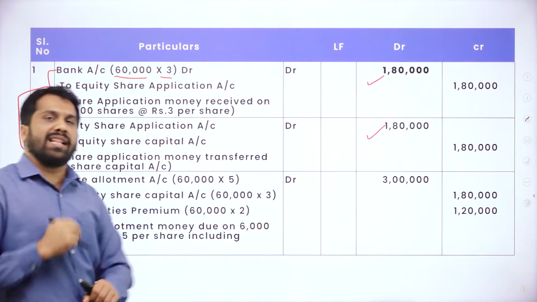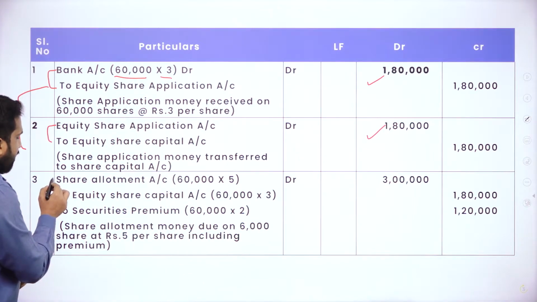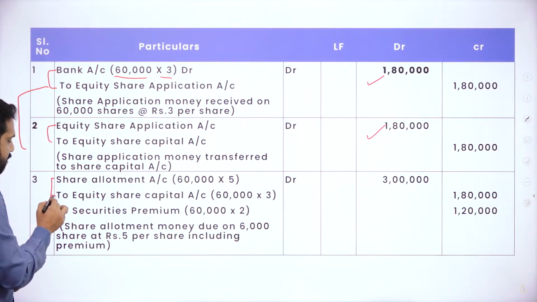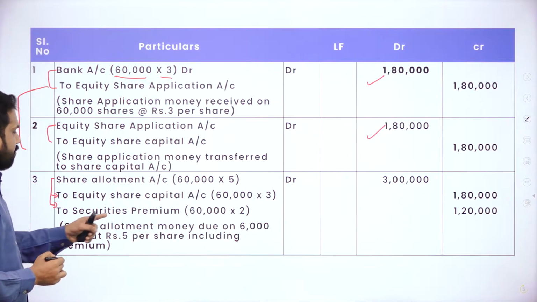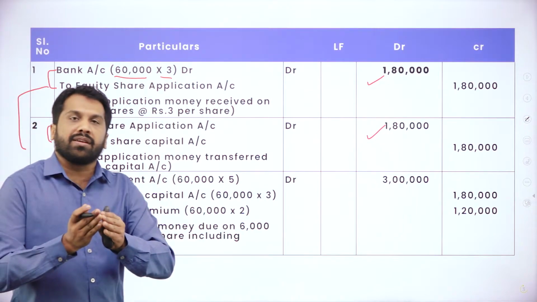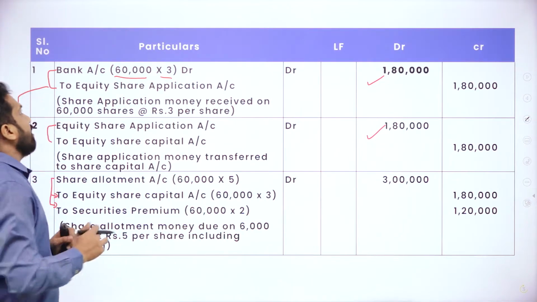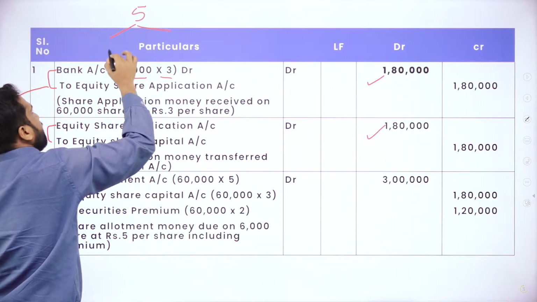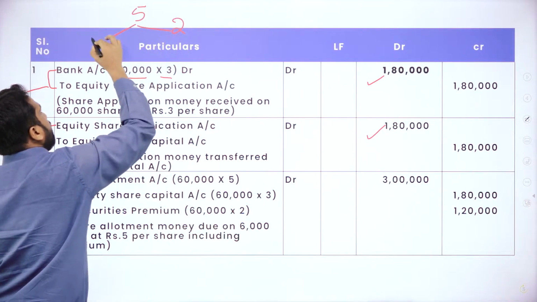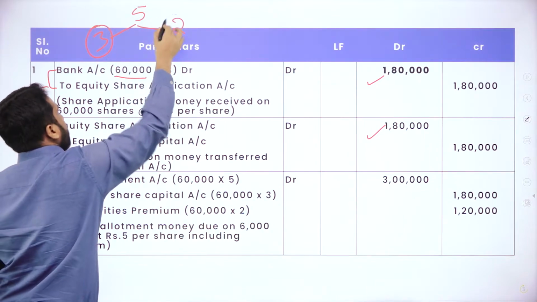We'll come back to allotment. Share allotment account debit to share capital and share premium. We already bifurcated. Your actual allotment is how much? 5. We divided: 2 is your premium and 3 is your capital.